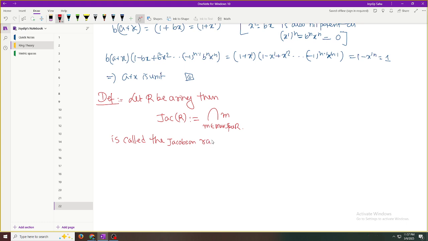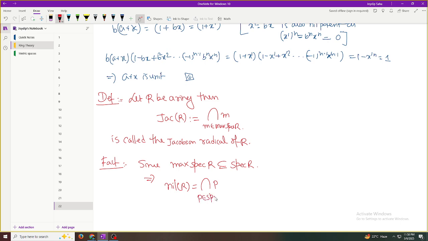It is called the Jacobson radical of R. So you know the fact that since max spec R is a subset of spec R, this implies nil R, which equals the intersection of all primes P, is a subset of Jac R, which is defined as the intersection of all maximal ideals of R. Is it clear?